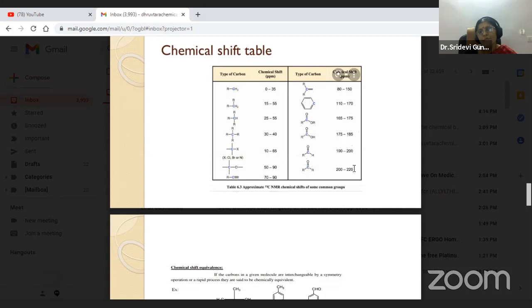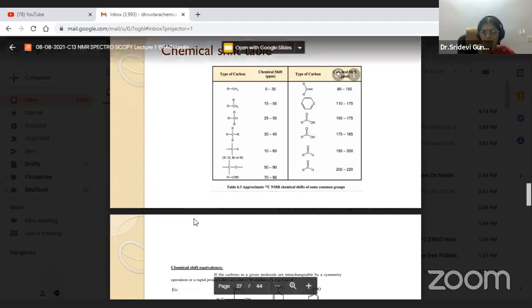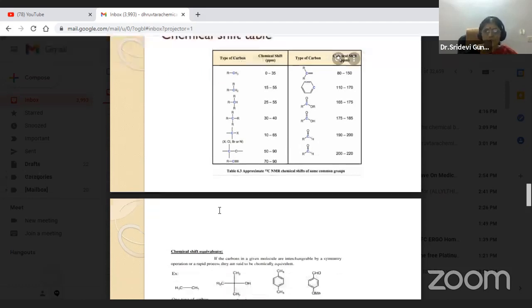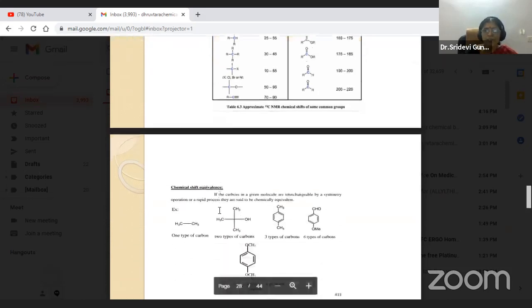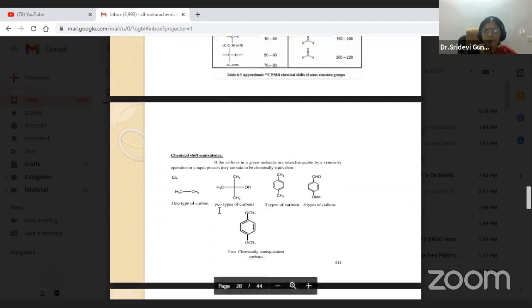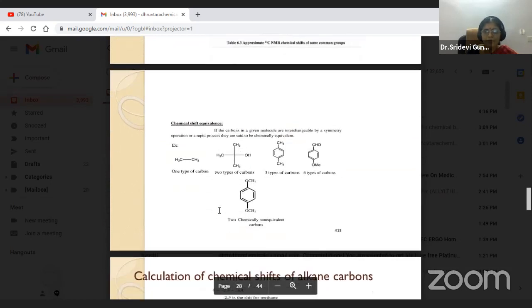Aldehydes are 190 to 200. Ketones are 200 to 220. You can differentiate between ketonic carbon and aldehyde carbon, and in fact you can also get the differentiation from proton NMR. So that is the normal range of chemical shift. You need to remember these approximate ranges.